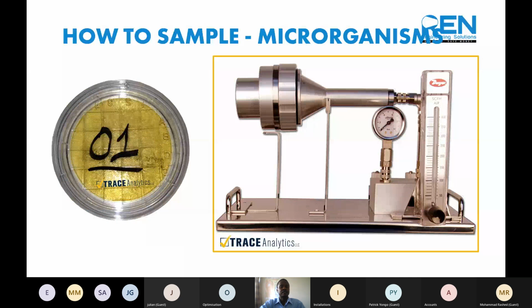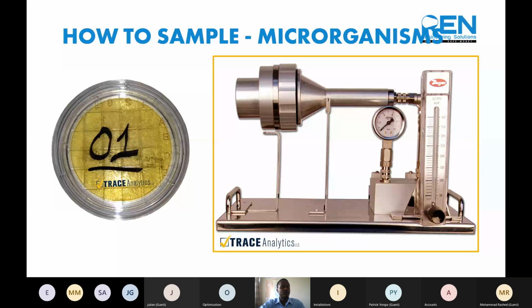Sampling for microorganisms is a lot more tricky, and the best-in-class microbial sampler is what you can see there, that is offered by our partner, Trace Analytics. This sampler allows you not only to determine what colony-forming units are in your compressed air, but also the number of colony-forming units per unit of compressed air.